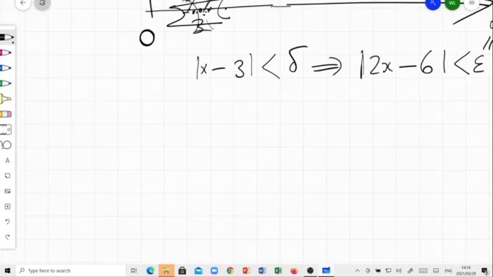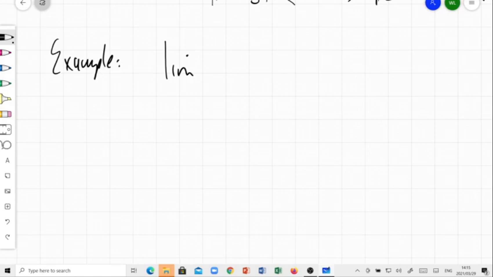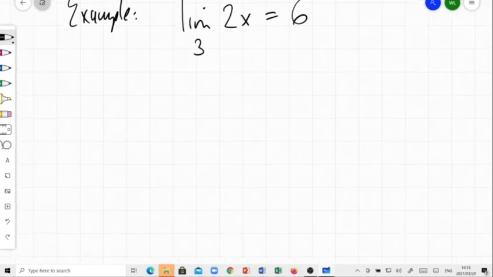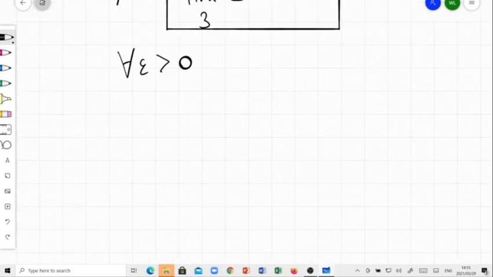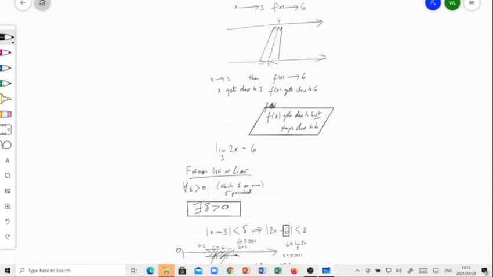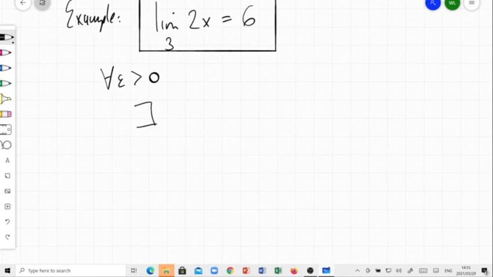Okay, so let's actually do a concrete example. Let's prove that the limit at 3 of the doubling function is equal to 6. To say this is equivalent to saying for every challenge about 6, I can rise to it.